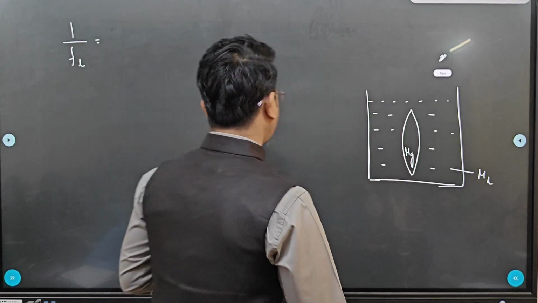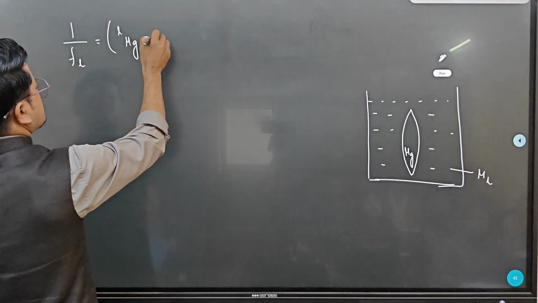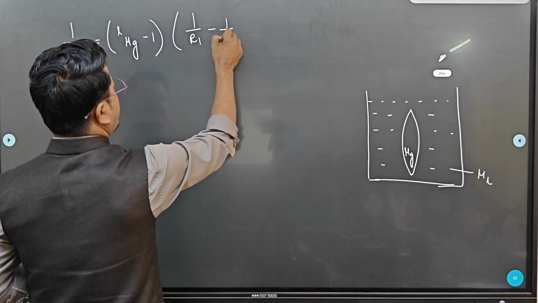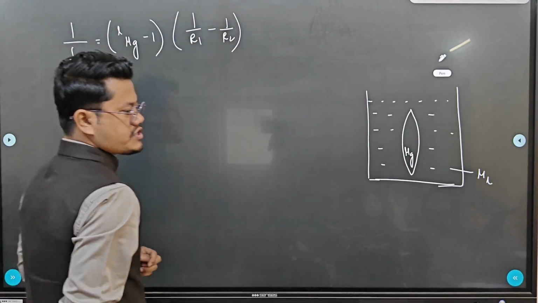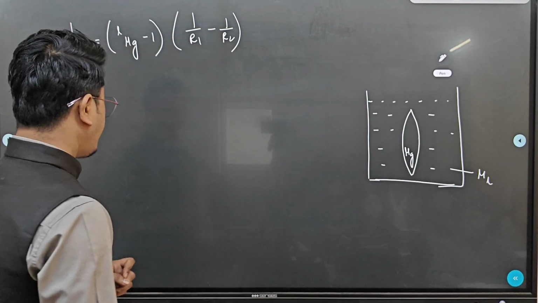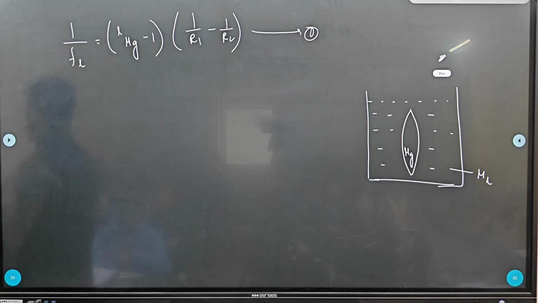Yes or no? So I can write L mu G minus 1, times 1 by R1 minus 1 by R2. R1 and R2 are the radii of curvature of both the spherical sides. Please note it down and put it as equation number 1. Understood or not?